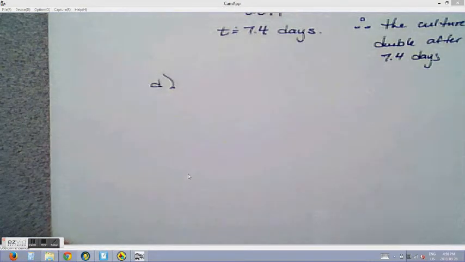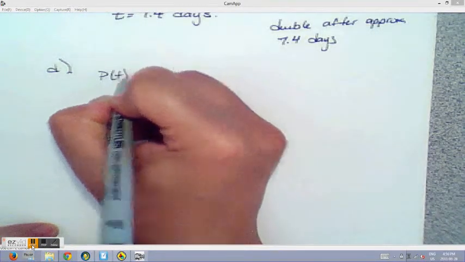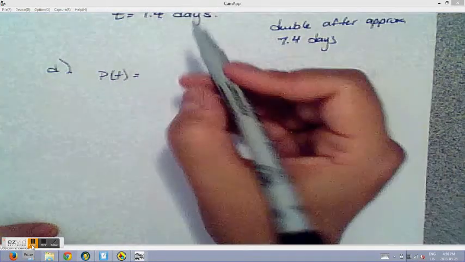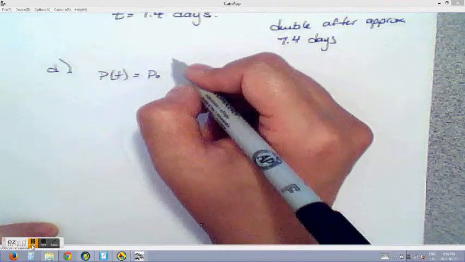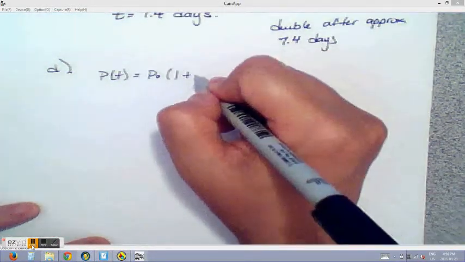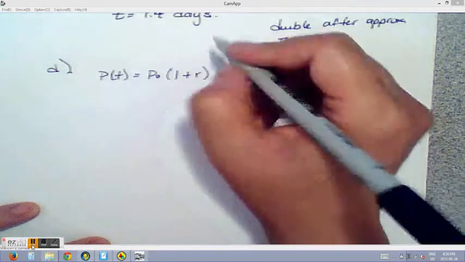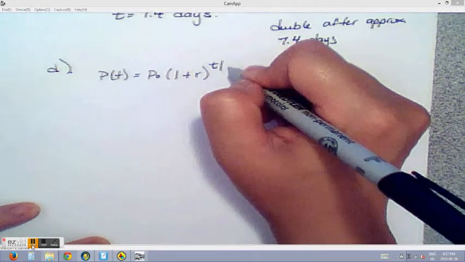So let's take a look at part D. Part D wants us to rewrite the equation with the exponential function that has a base of 2. So what we can do is P of t, and I don't know if you recognize this equation, but probably from grade 11, P naught times 1 plus r to the t over h, and this could be anything, it could be n, it could be h.